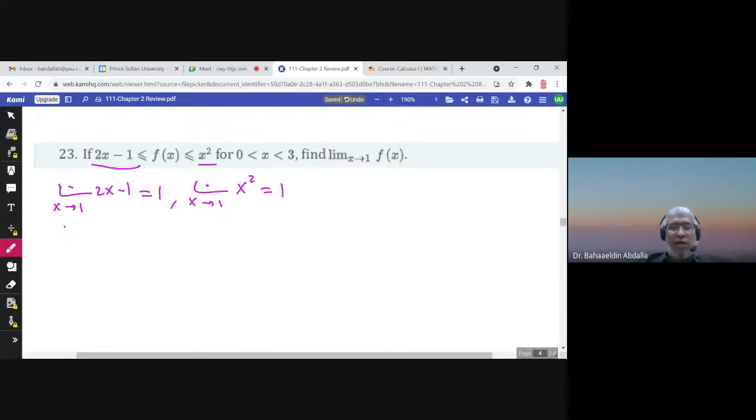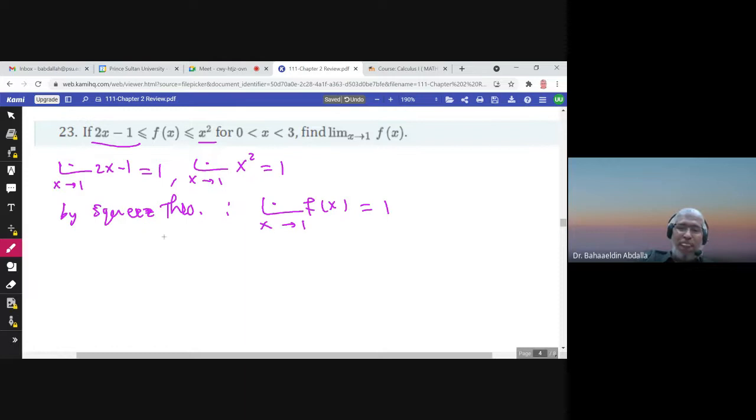So by the squeeze theorem, there is a theorem, the squeeze theorem, that says if this limit is 1 and this limit is 1, then the limit of f of x when x approaches 1 is also 1. Okay, this is called the squeeze theorem.